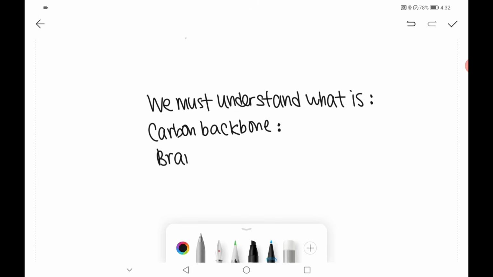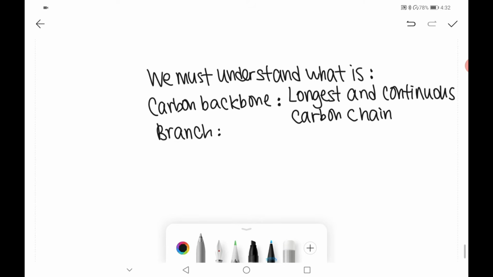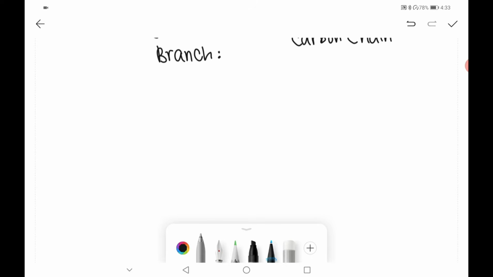I'll show you using a few examples so that you can understand what the carbon backbone is. The carbon backbone is the longest and continuous carbon chain. How to find the carbon backbone?